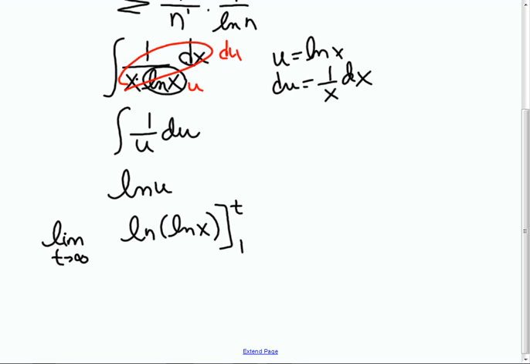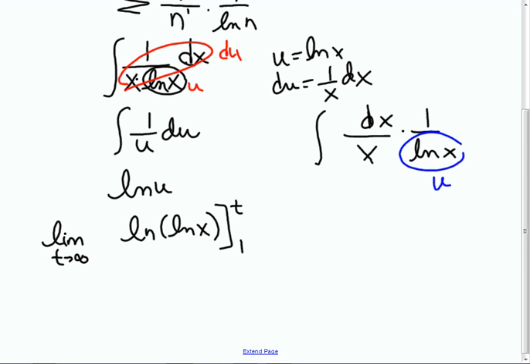If u is equal to the natural log of x, I have 1 over x times 1 over natural log of x. In fact, let's put the dx here. This is u, this is du. So I get the integral of du over u, which is the natural log of u. I still don't even want to take the limit until I get back to the x's.